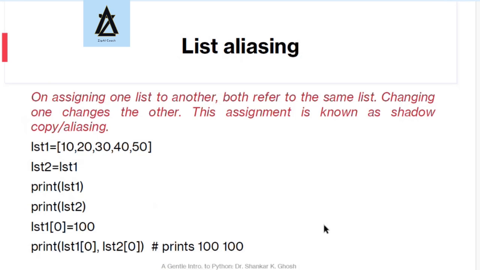Okay. Therefore, those who are very familiar with pointers and would like to ask why pointers are not here, what are the features which actually replace pointers? This is a good example which is incorporated in Python.